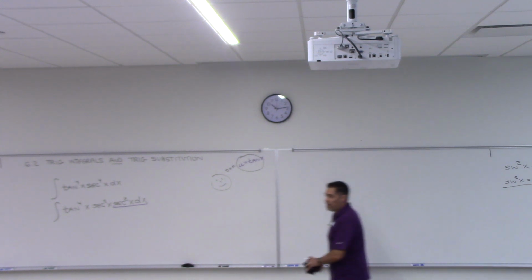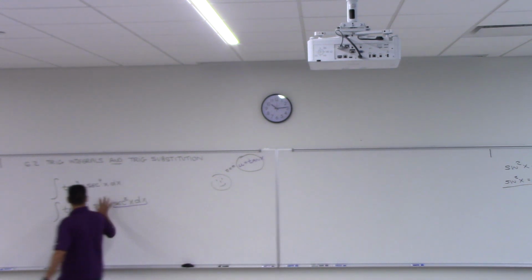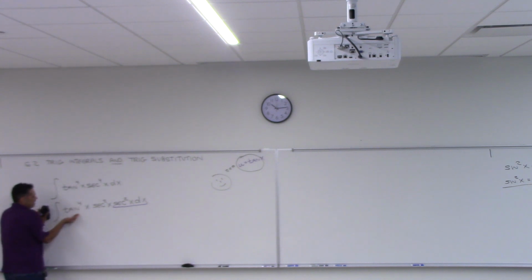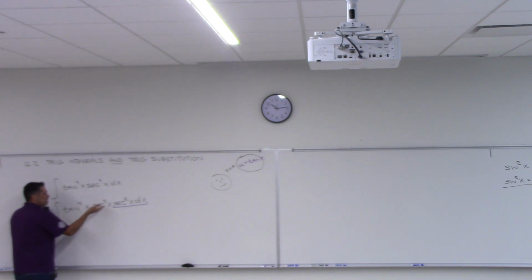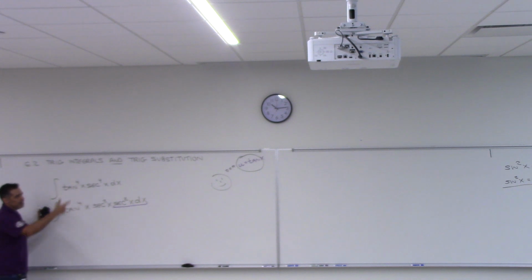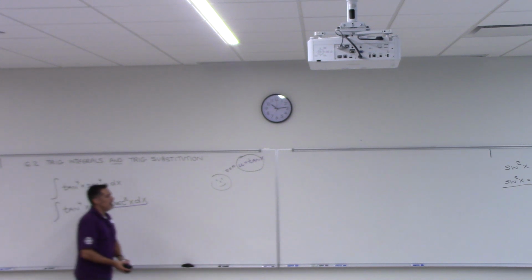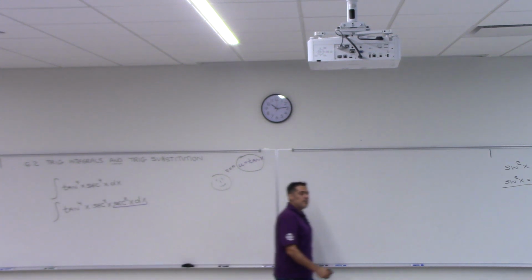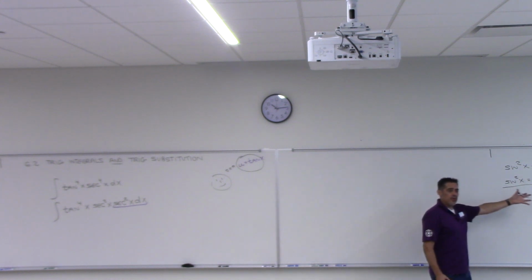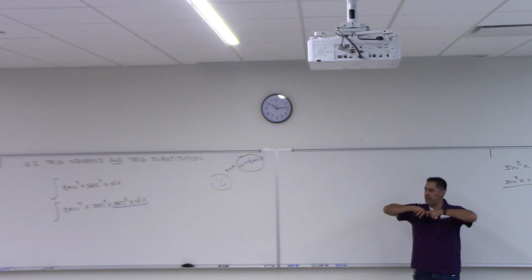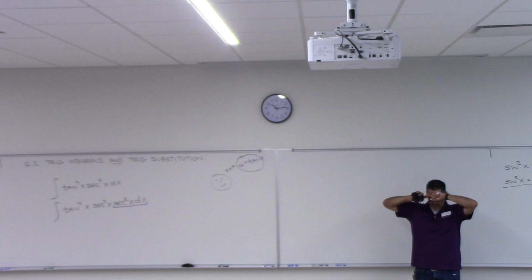Can I rewrite the rest of the integral in terms of tangent? Well, that's already in terms of tangent, right? Can I rewrite secant squared in terms of tangent? I erased it, but yes, you can, using the Pythagorean identity that I had on the board earlier. What's the relationship between tangent squared and secant squared?